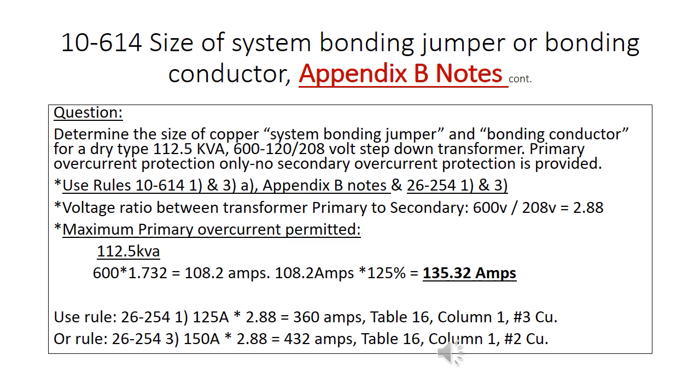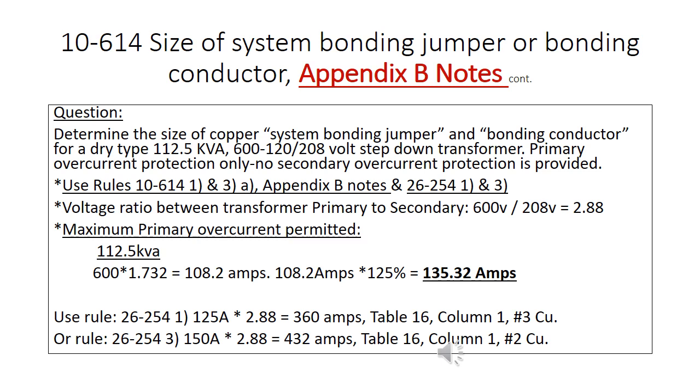If we decide to lower our overcurrent device down to 125 amps, we then multiply our primary overcurrent protection by 2.88, which now equals 360 amps. In accordance with Table 16, we go to column 1, and that tells us we use a number 3 copper conductor.